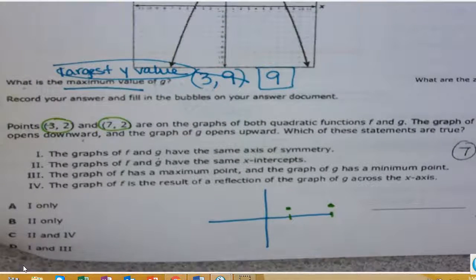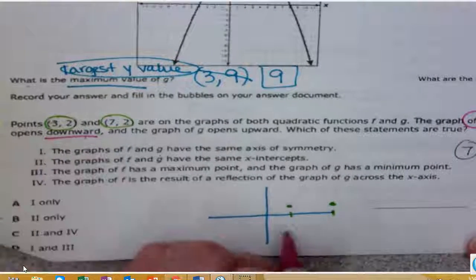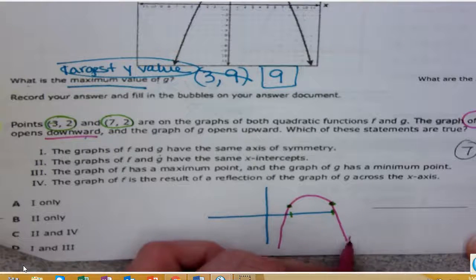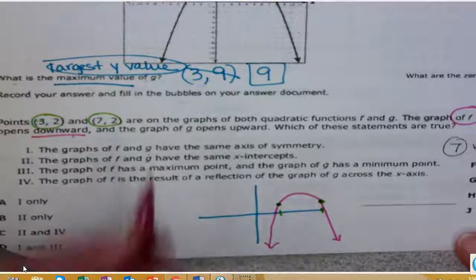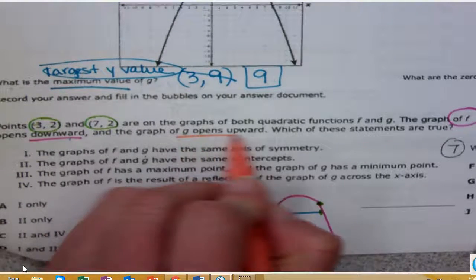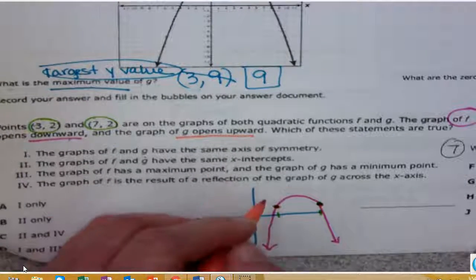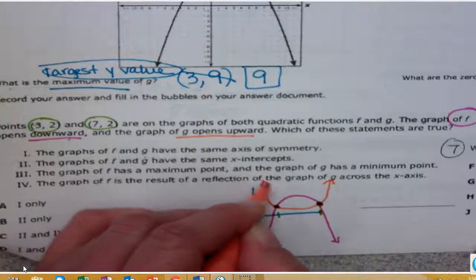Then I know that f opens downward, so it's going to look a little bit like this. I'm judging from the information they're telling me and creating this picture. Then they tell me that g also goes through those points and it opens upward. So that's going to look a little bit like that.